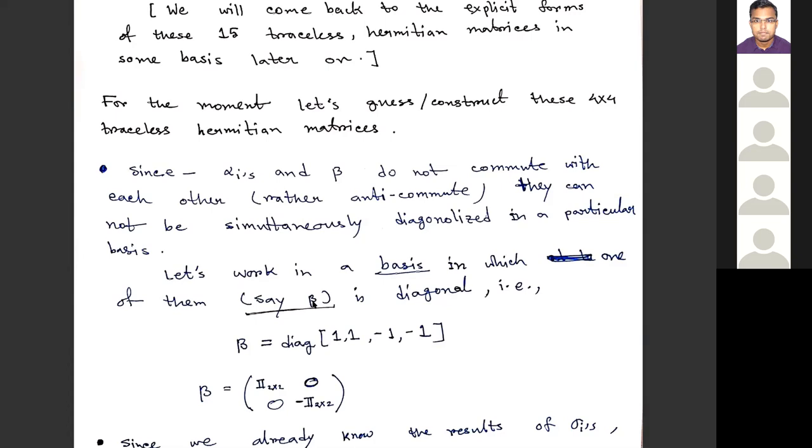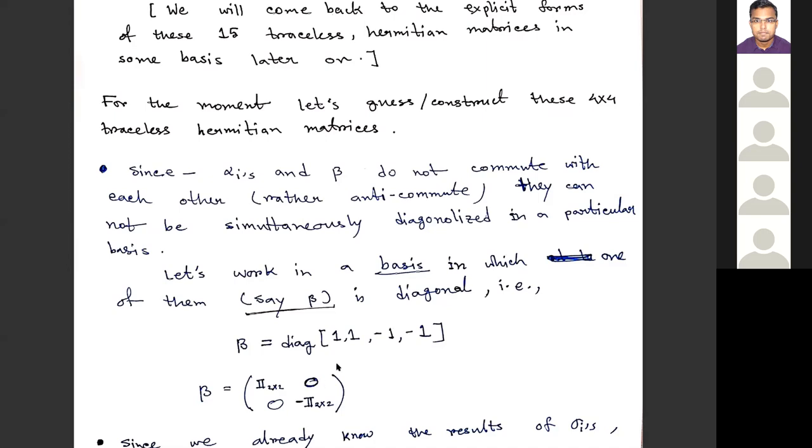That beta is diagonal. I'll just take that. So I'll work in a basis in which beta is diagonal. That means the other matrices, the alpha i's, will not be diagonal in this basis. So in this diagonal basis, how does beta look? Now, beta squared has to be identity, so the elements of beta can be at best plus or minus 1. It's a 4 by 4 matrix, because I am working in 4 dimensions, and it has to be traceless.